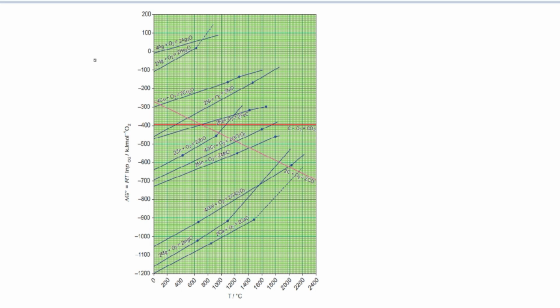However, at high temperature, these lines for the formation of metal oxides of active metals can cross the carbon dioxide line, and at that temperature the reduction by carbon is possible, but these metals at very high temperature react with carbon to form carbides.